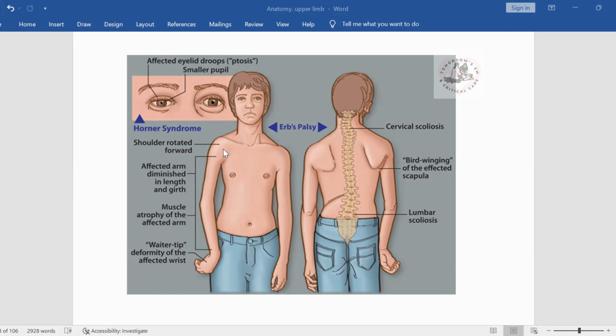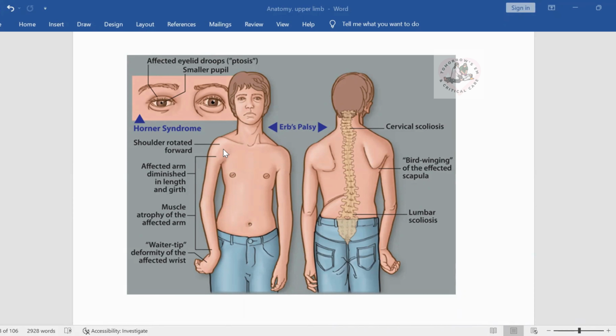So how will we diagnose this clinically as a case of Erb's palsy? When we ask the patient, would you please abduct your hand, from 15 to 90 degrees, this guy will be quite unable to abduct his arm. Clear? Due to deltoid palsy.